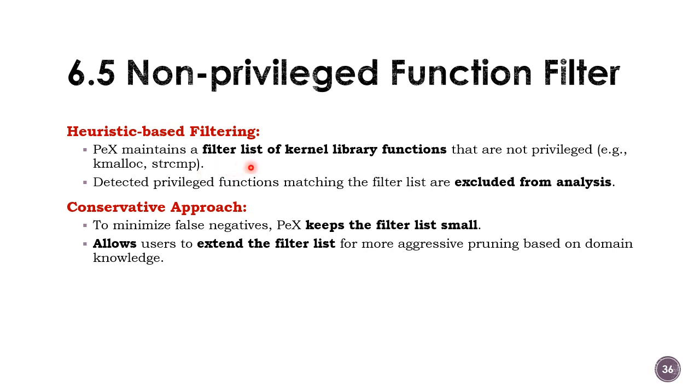And the filter list contains tons of kernel library functions that could be excluded, because some functions are obviously not privileged functions, like some functions only invoked when the system is rebooting or booting. Those excluded functions will just be excluded to increase the performance.